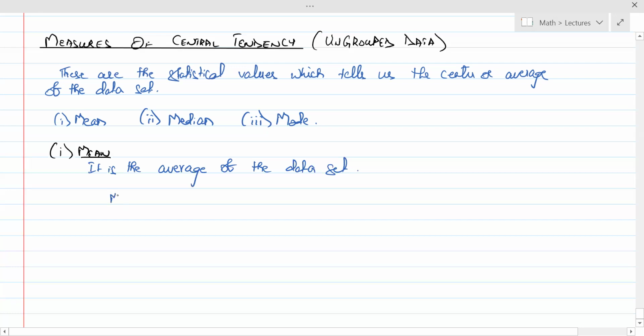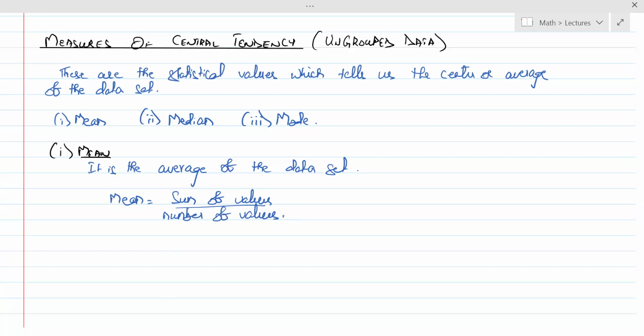The formula is sum of values upon number of values. So sum of values means whatever individual values are there given in the data set. For the ungrouped data, you sum up the values, and whatever the count of the values is, you divide it by the count, which is also called as the number of values.